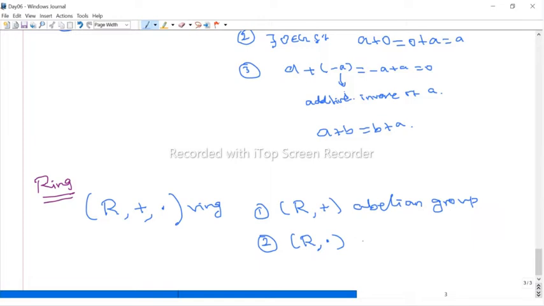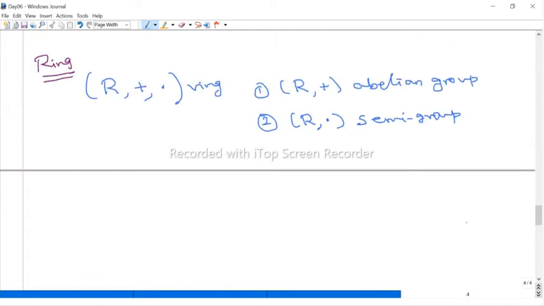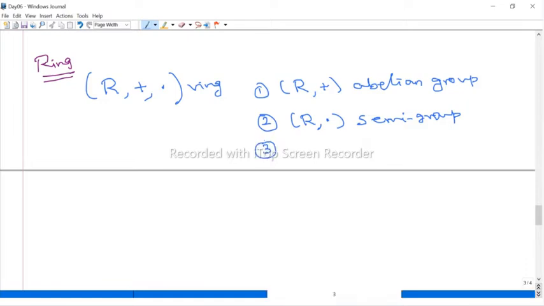Semigroup means it satisfies only the associative property: A into B into C equals A into B into C. So the second thing is that the set with respect to multiplication forms a semigroup. The third one is the distributive laws, which give a relation between multiplication and addition.